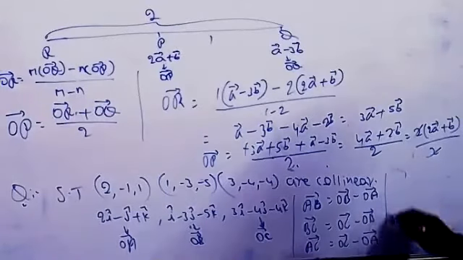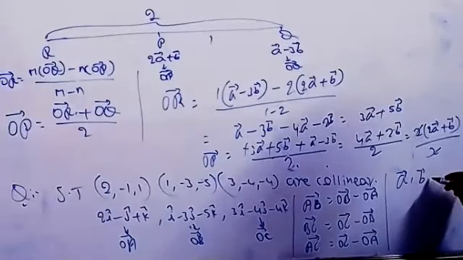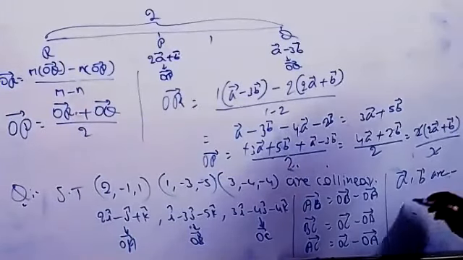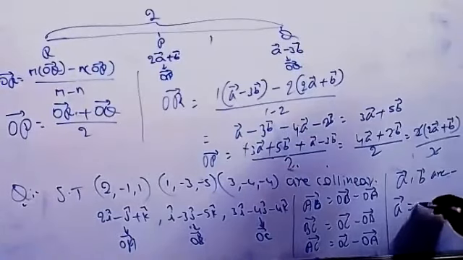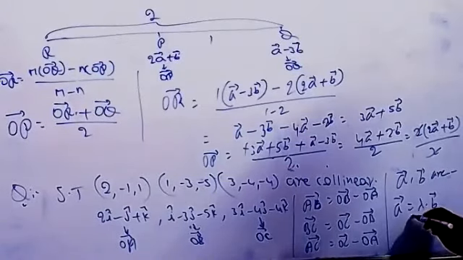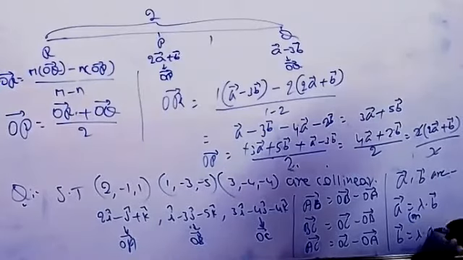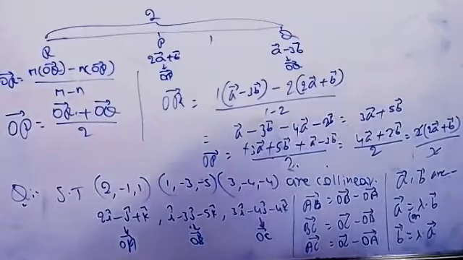From a definition point of view, if A bar and B bar are collinear, remember the condition: A bar is equal to lambda into B bar, or vector B equal to lambda into vector A. That is the formula.